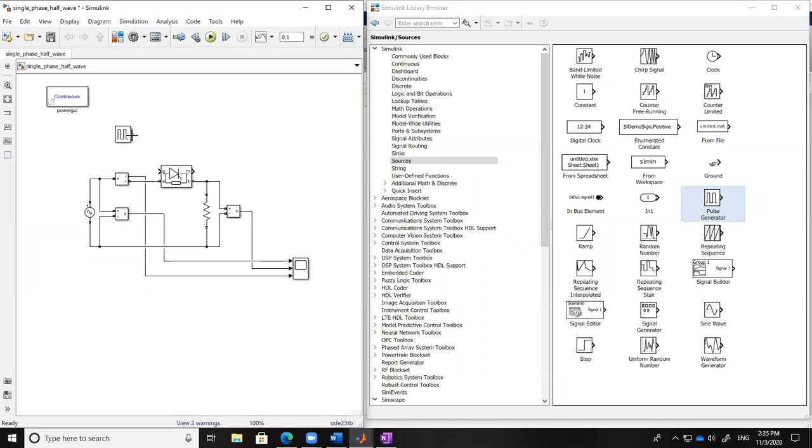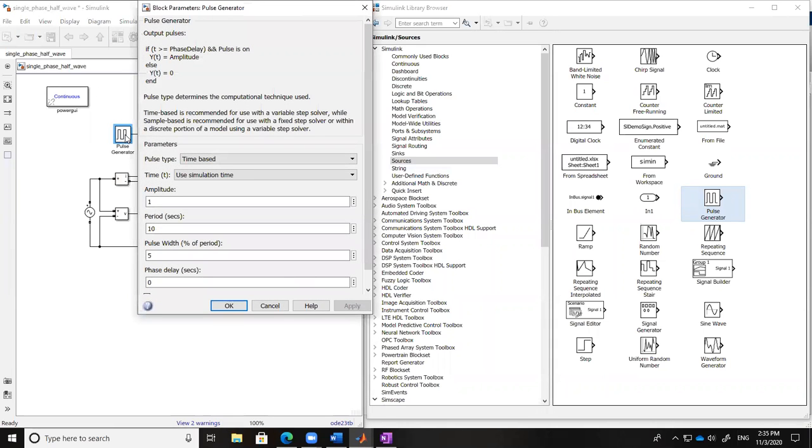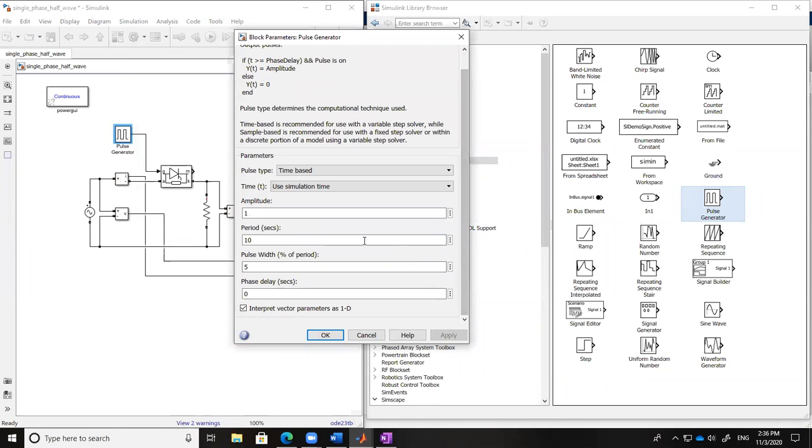Okay. So we will connect a pulse generator to the gate terminal of the device. Fine. Now we need to configure the pulse generator properly. Amplitude is going to be 1. This is actually generated in binary logic. So either we will apply 1 or we will apply 0.